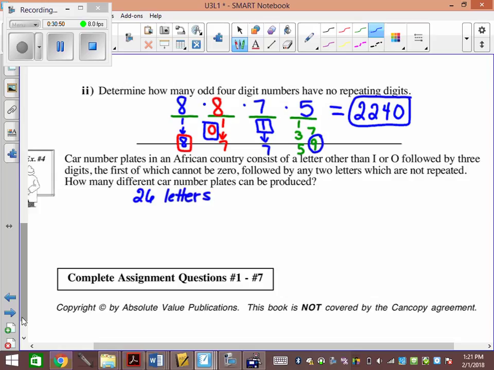So 5. What's the opposite of a vowel? Consonant. Most people forget about that word. Constant in math means the number without a variable. Consonant means not a vowel, right? So there's 21.